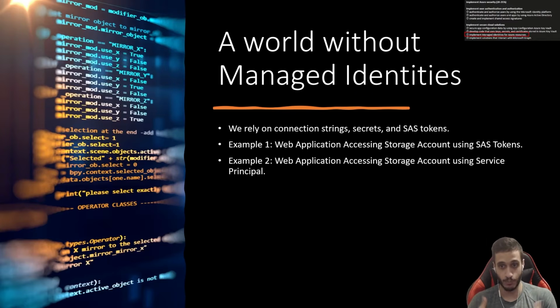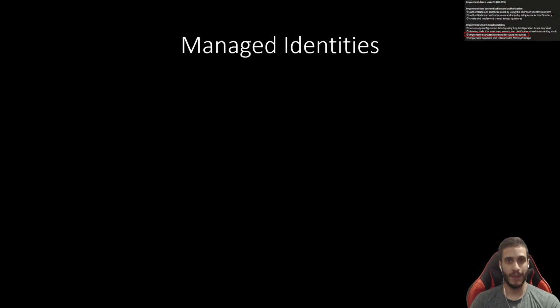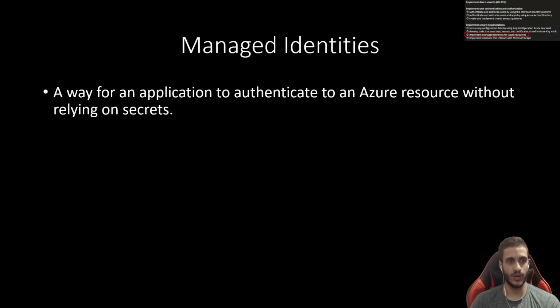So you still have to manage secrets even in the second example. And bottom line from both of those examples is, a world without managed identities is a world where you would have to rely on secrets to authenticate to Azure services. Now, a world with managed identities is essentially a world where an application authenticates to an Azure resource without relying on secrets. This is the beauty of using managed identities.